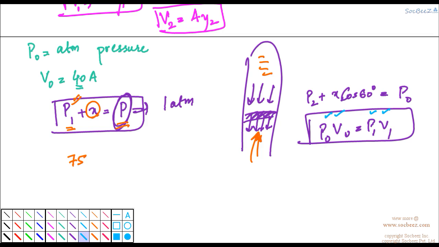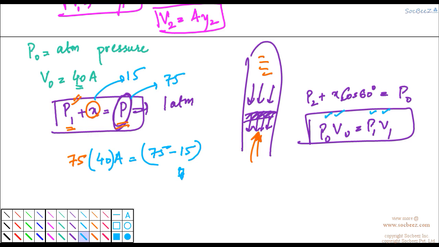So the initial pressure was given to us as 75 mmHg, the initial volume was 40 into A, it expanded to some volume that we have to find out, and the value of P1 is nothing but 75 minus 15, because we are given that X is 15 and this is 75 mm of Hg, into Y1, right?